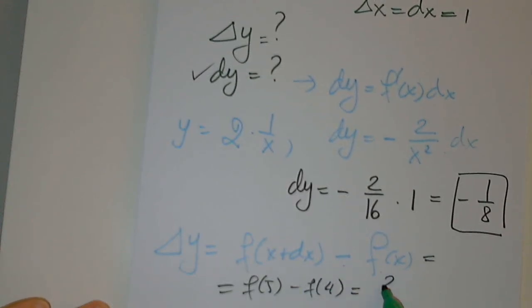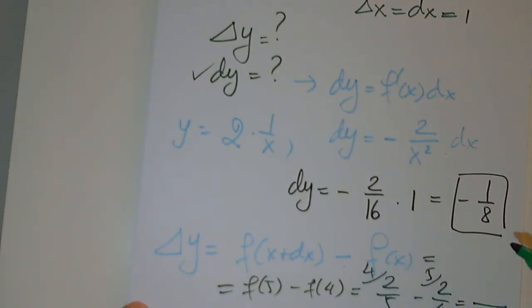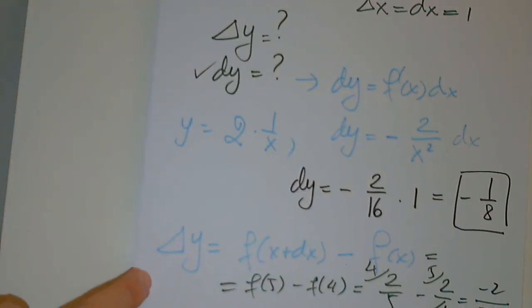Not a big deal. 2 over 5 minus 2 over 4. I don't recommend simplifying. We can simplify. Normally I would say 1/2, but still I have to multiply the denominators. So it's 20. 4 times 2 is 8 minus 10, negative 2. So negative 1/10.